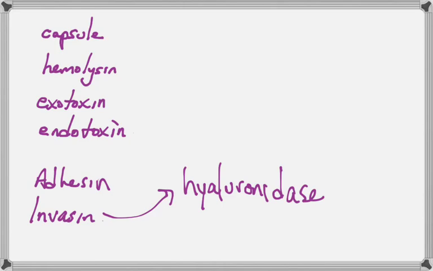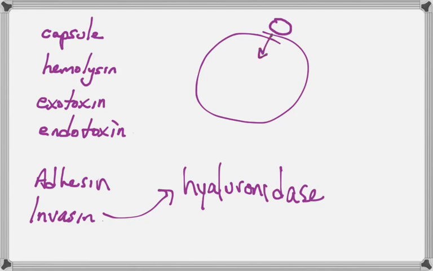So we said, for example, the CBPA on Strep pneumoniae allows it to not only adhere, but once the binding occurs, it triggers endocytosis and allows it to migrate through that cell to the other side.